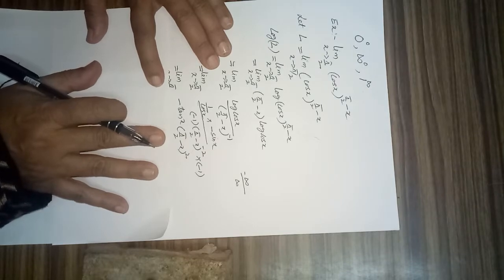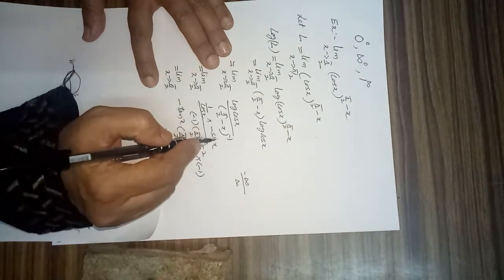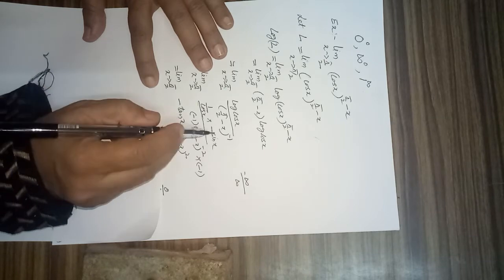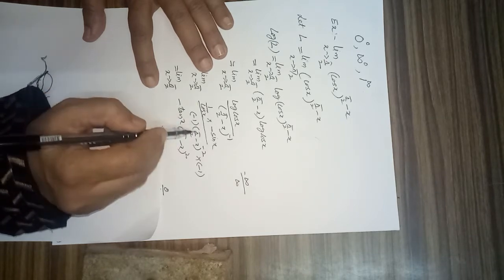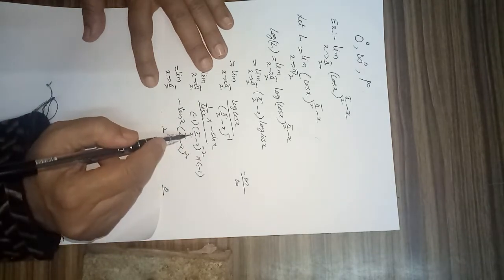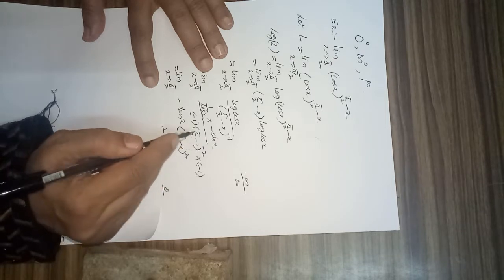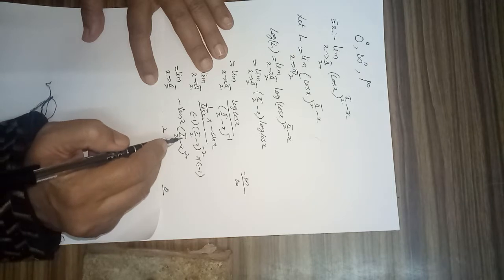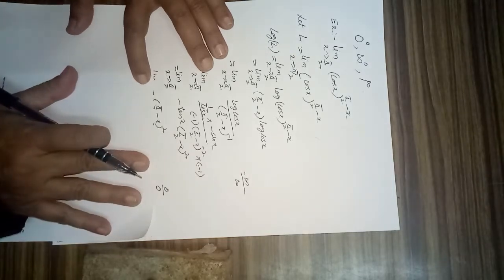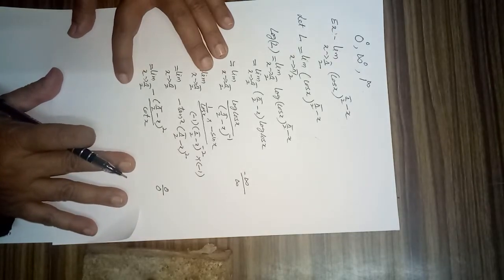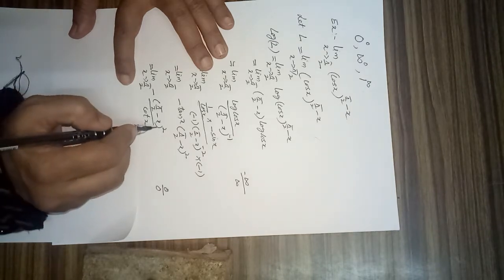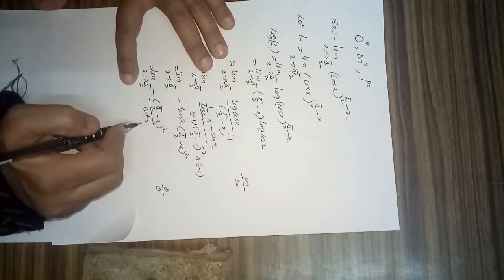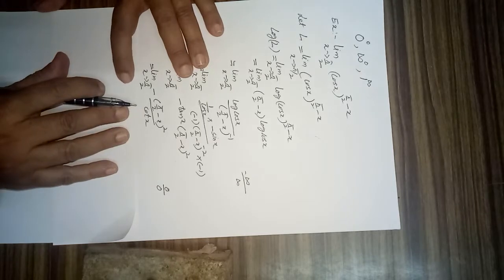If we simplify, we get sin x by cos x, tan x, with this minus sign, and pi by 2 minus x raised to minus 2. Now if we take this to the numerator, it will become plus 2. So tan x into pi by 2 minus x squared, that is pi by 2 minus x, and this tan x becomes cot x in the denominator.